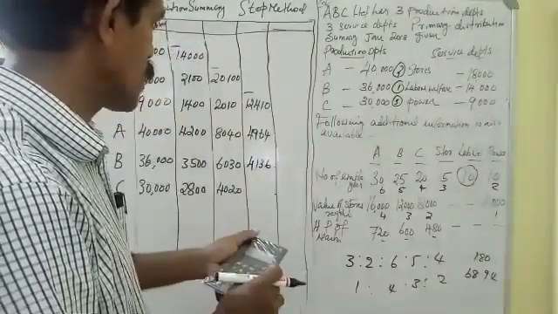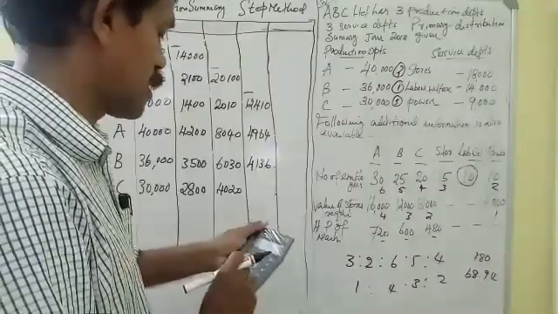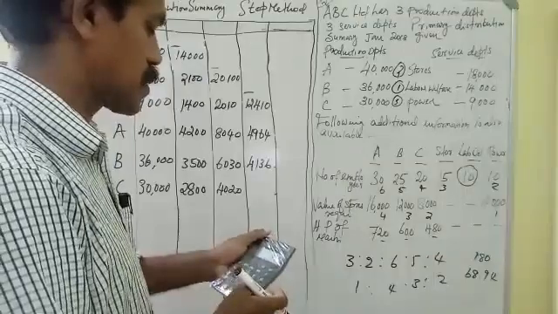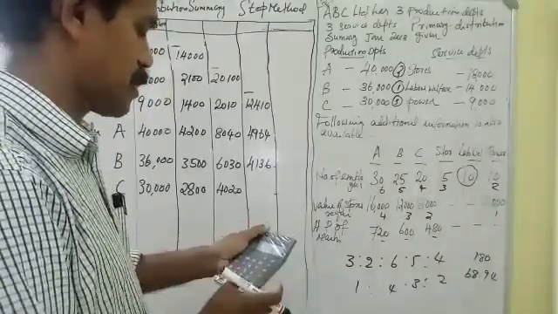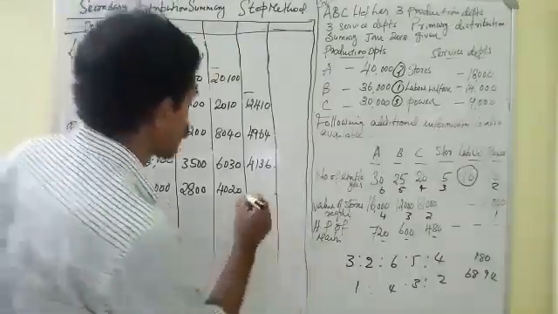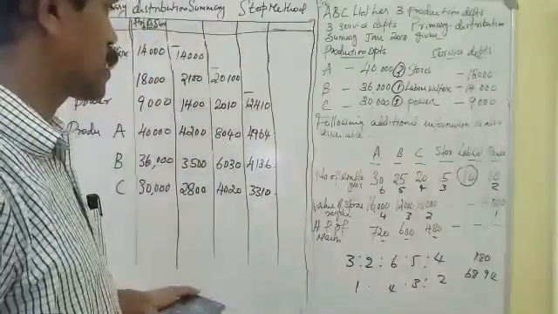Then we take the balance: 4,964 plus 4,136 minus this 12,410, that's equal to 3,310 to this production department C.